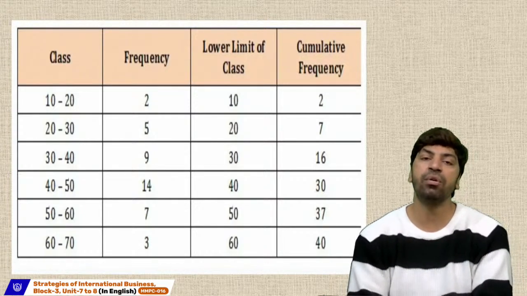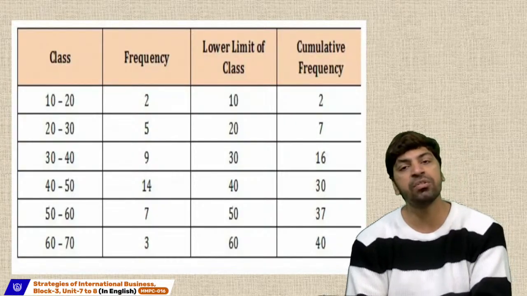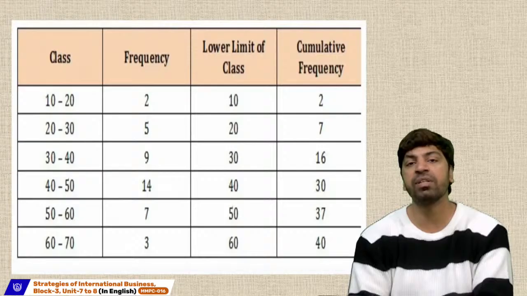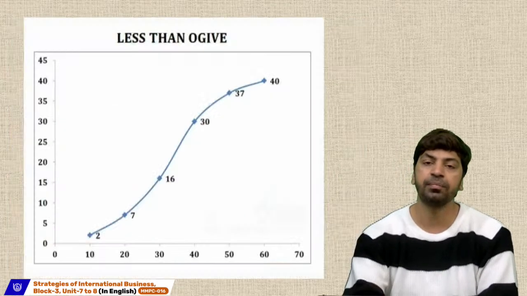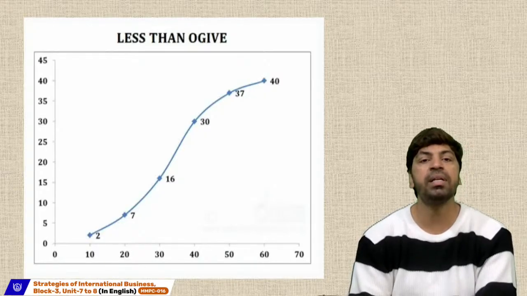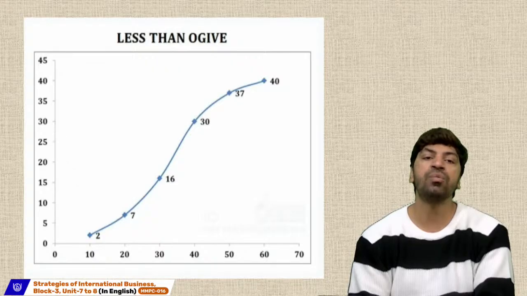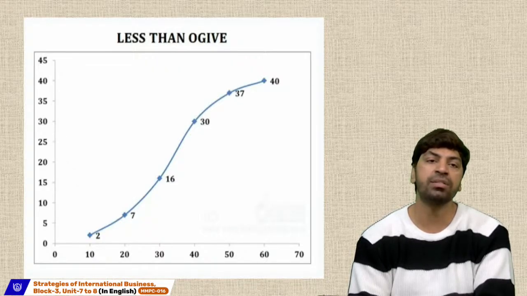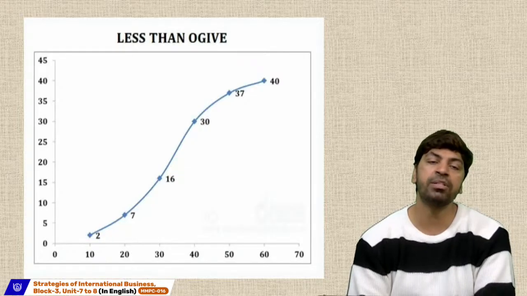Based on this table we can easily draw the less than ogive curve, which begins from the lowest value and reaches the highest value, giving an upward smooth curve. So this is how the less than curve is drawn, with 0, 10, 20, 30, 40 and so on, and the y-axis values also shown.